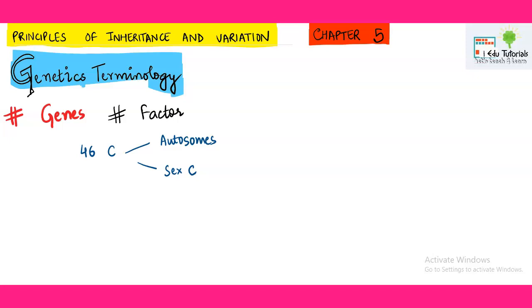So we have in each body cell 22 pairs of autosomes and one pair of sex chromosomes. If an individual is female, then the sex chromosomes are XX. If the human being is male, then the sex chromosomes are going to be XY.